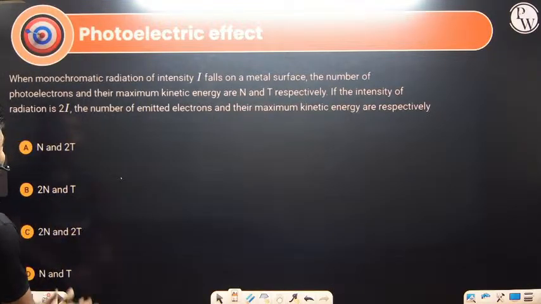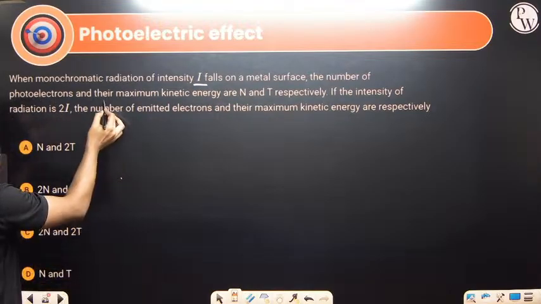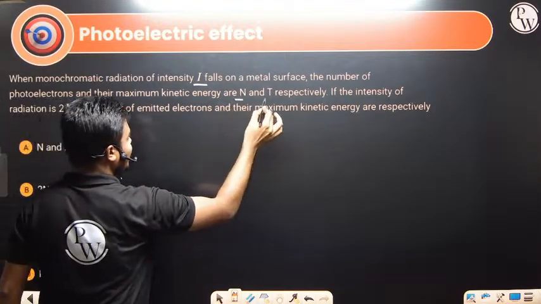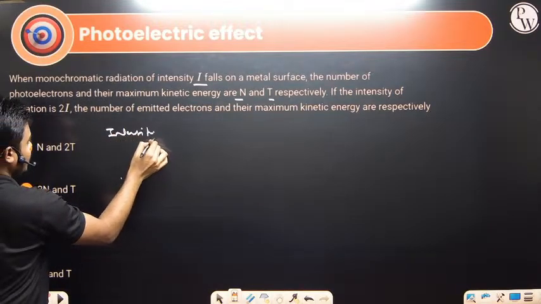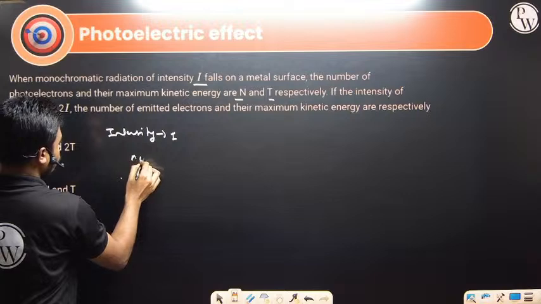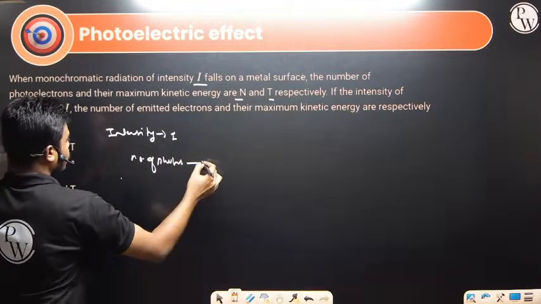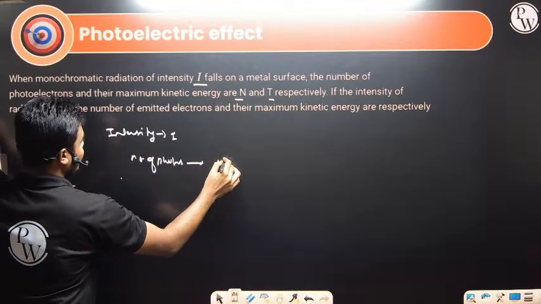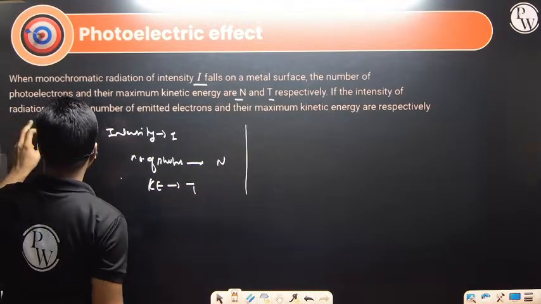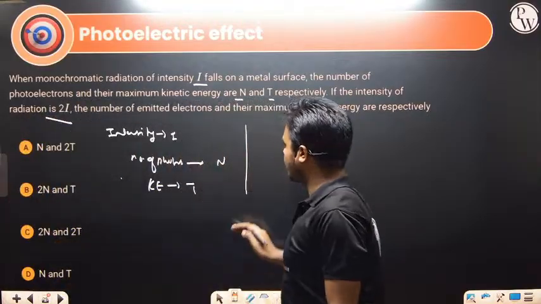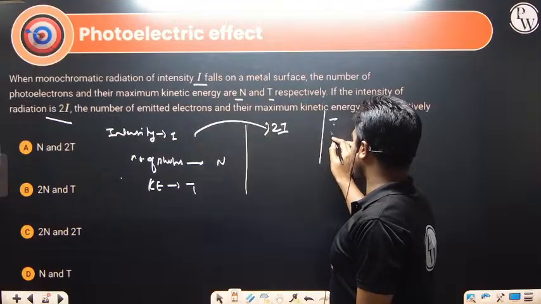When a monochromatic radiation of intensity I falls on a metal surface, the number of photoelectrons and their maximum kinetic energy are N and T respectively. So the intensity is I, the number of photoelectrons is N, and the kinetic energy is T. If the intensity of the radiation is 2I, I am doubling the intensity.